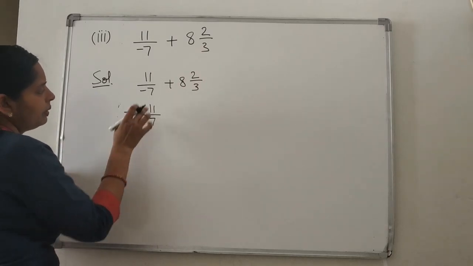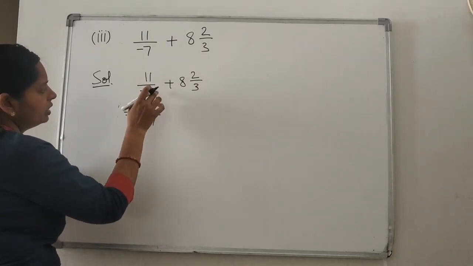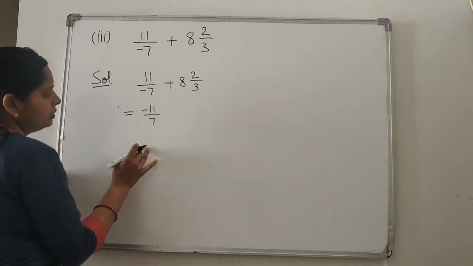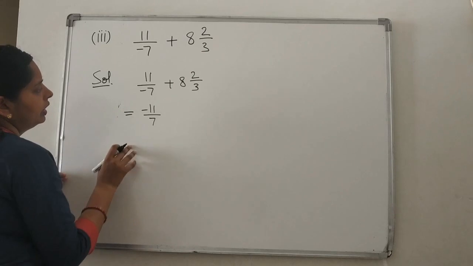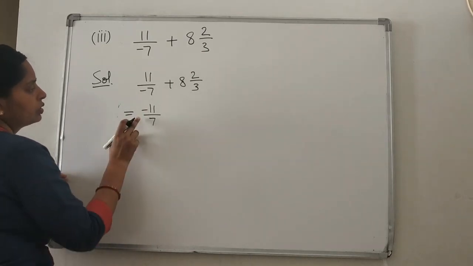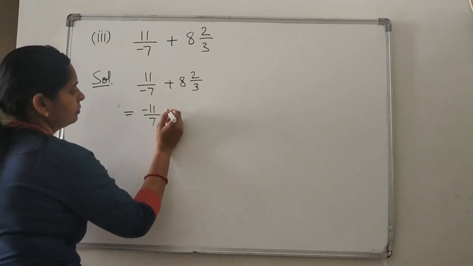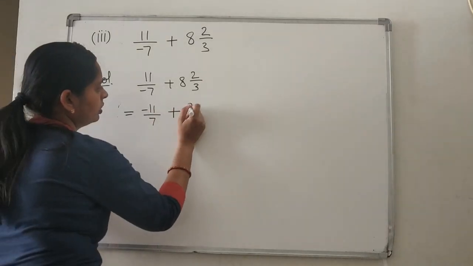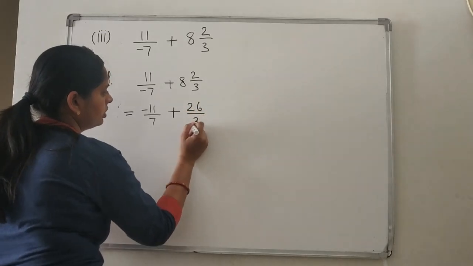By multiplying minus 1 in numerator and denominator both. So, in denominator, two negative signs will be there, so it will become positive, and in numerator, only one sign is there, so it will go for negative. So, you will get minus 11 upon 7 plus 3 8s is 24 plus 2, 26 upon 3.